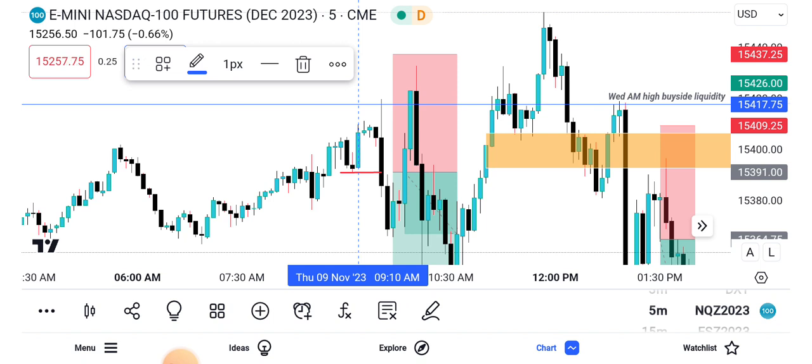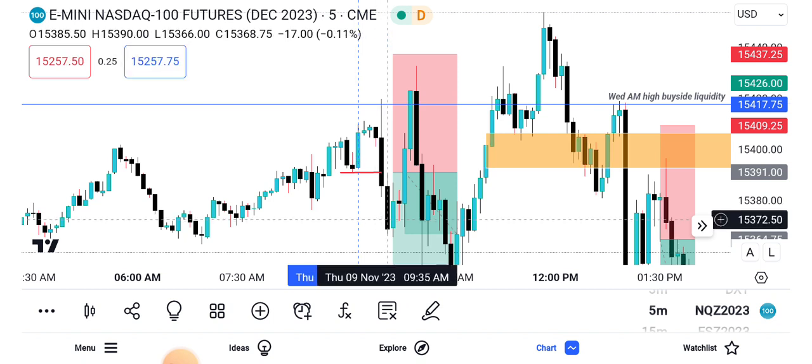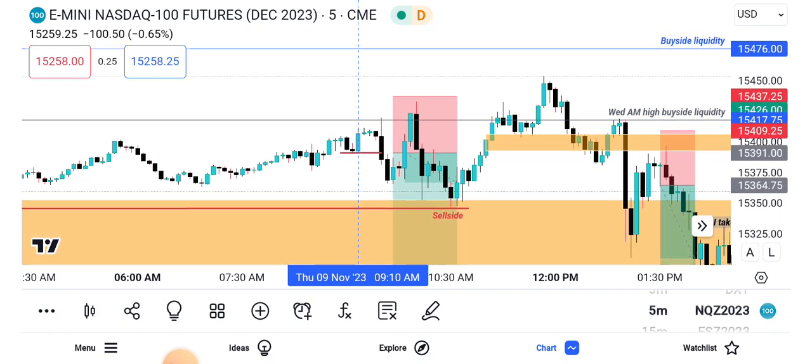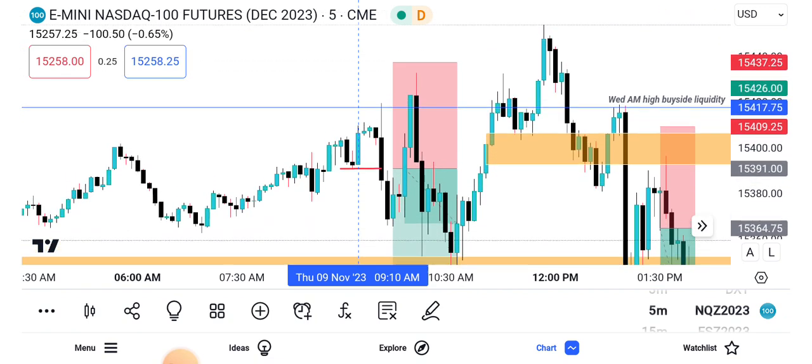It tapped into it at 9:30 as the market opened, then rallied lower. When it rallied lower, I saw this market structure shift where the previous low was taken and a candle closed below the low.